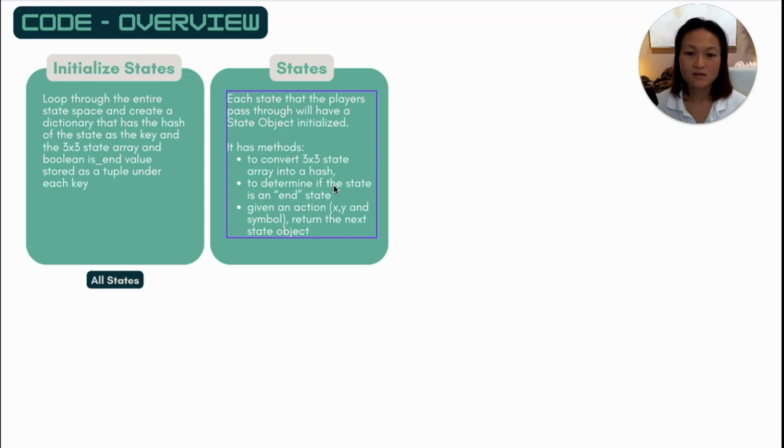You can check to see if the state is an end state or not. It also has a method where, if you give it an action, for example row 2, column 0, and the symbol, it will place that symbol into the state and return the next state object as if that action had been taken.